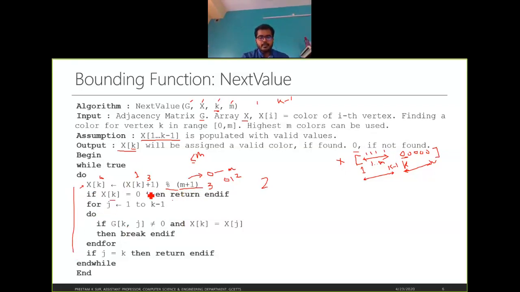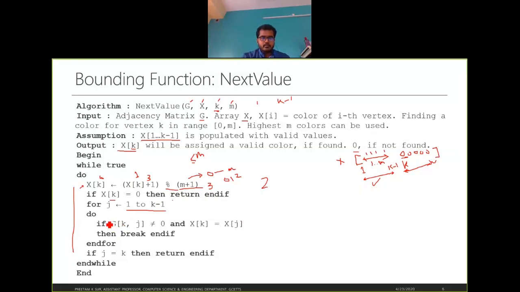Initially we have the color value as 1 and we check it with that color value. If we look into the loop, there is another for loop within it. We are assuming that the solution vector is already assigned from 1 to k, so all the vertices from 1 to k are assigned some colors from 1 to m.